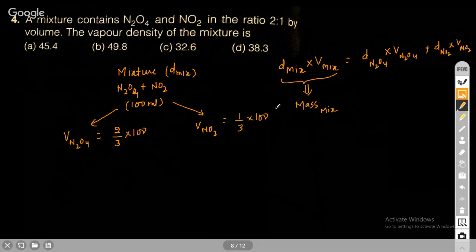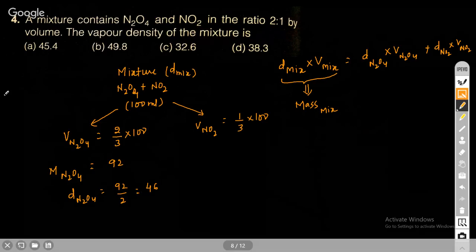Okay, so density of N2O4, we know the molecular mass of N2O4 is 92. So its density will be 92 divided by 2, because we know 2 into vapor density is equal to the molecular mass.